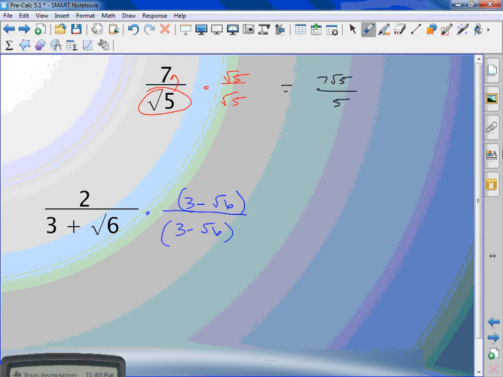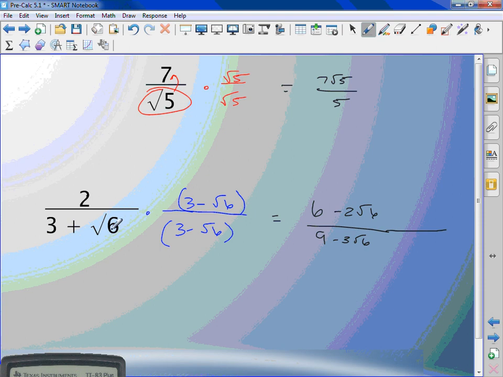I haven't really changed the problem at all. It's the same thing. What's 2 times 3? 6. 2 times negative square root of 6, negative 2 square root of 6, over 3 times 3 is 9. 3 times negative square root of 6 is negative 3 square root of 6.